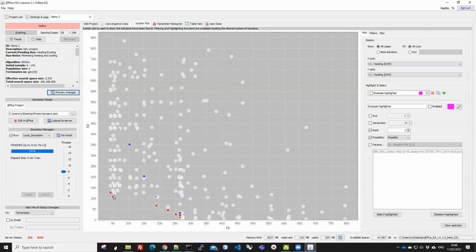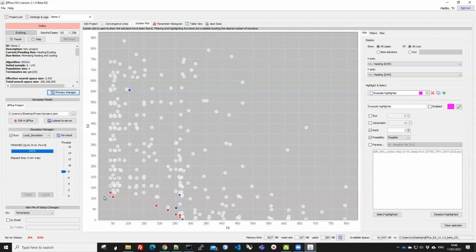If you don't remember what the Pareto front is, it's the optimal trade-off between your two objectives, and the solutions on it are not bettered by any other solution that outperforms it on both objectives.